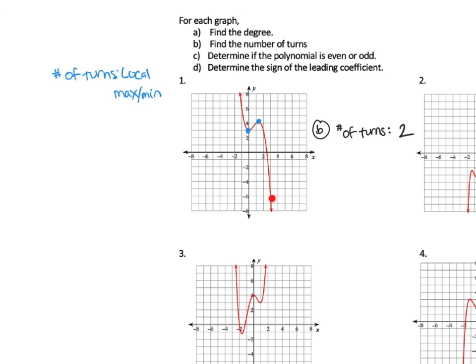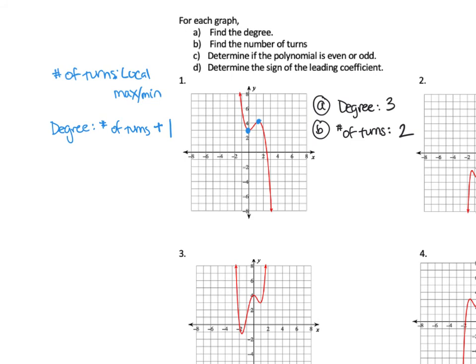This kind of looks like a cubic function to me, and you would be correct to say that it's cubic, but a faster way that we can figure that out is that we can say that the degree is the number of turns plus 1. So since we found that there was 2 turning points in this graph, our degree is 2, our number of turns, plus 1, so our degree is 3.